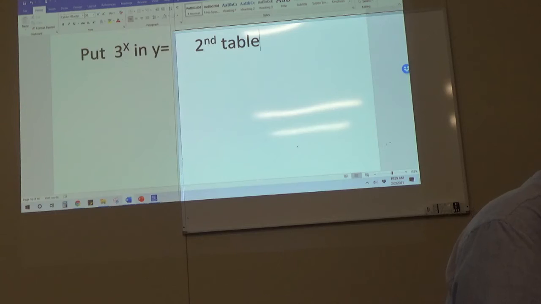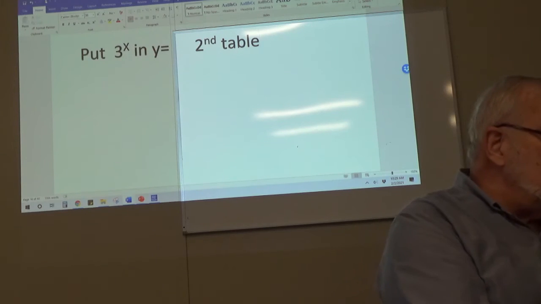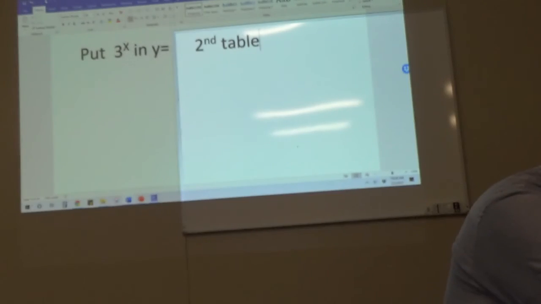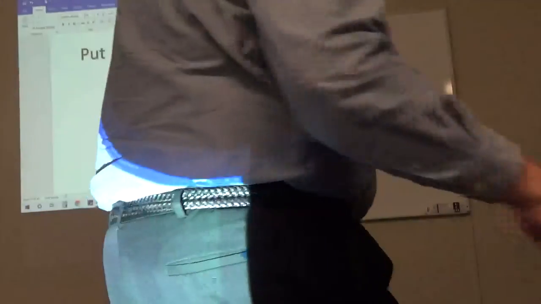You have a calculator that can find the intersection of each equation, the one on the left and the one on the right. Okay, so now watch this. I'm going to show you something.